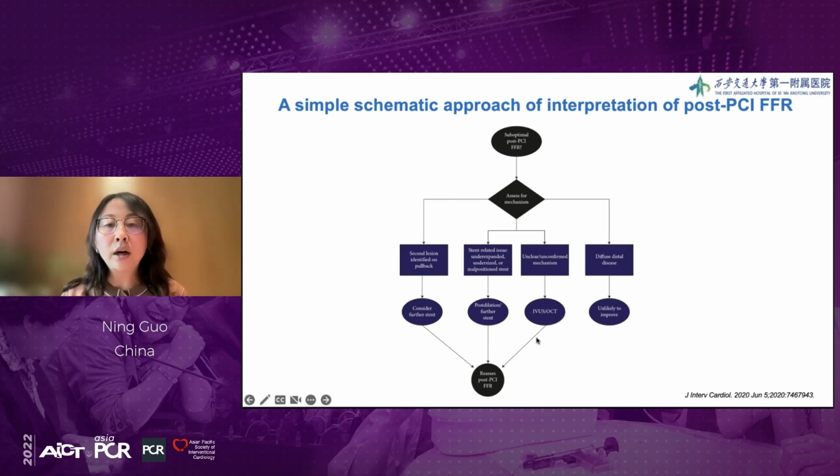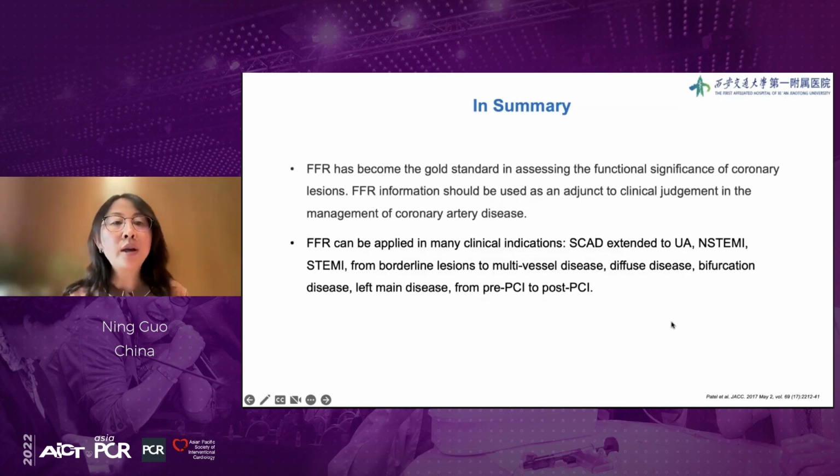And also we can use intravascular imaging to help us find the mechanism of a suboptimal post-PCI FFR. And if from the pullback this is a very diffuse distal lesion, this is not likely to improve post-PCI FFR. So in summary, FFR has become the gold standard in assessing the functional significance of coronary lesions.